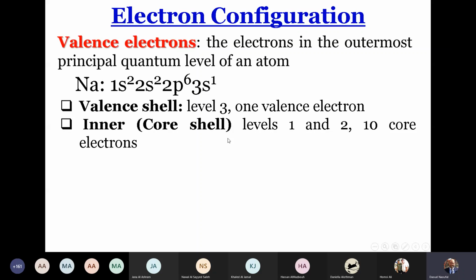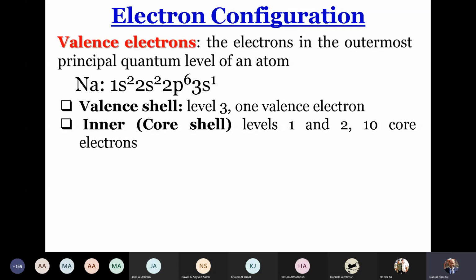The inner shell or the core shell contains the electrons between the nucleus and the valence shell. So levels 1 and 2 are the core shell, and in the core shells we have 6 plus 2 plus 2, so we have 10 core electrons. Why do we make the difference between the core electrons and the valence electrons?